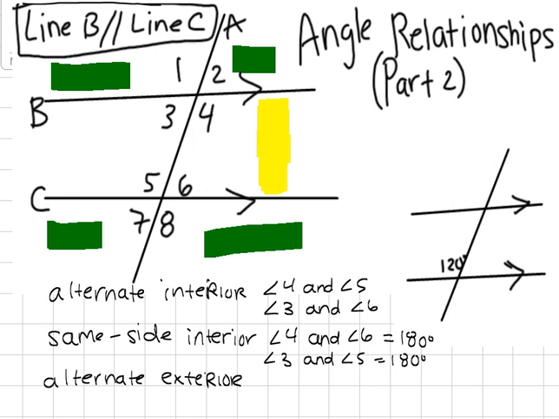We have 4 angles in the exterior: 1, 2, 7, 8. And alternate still means that they have to be on opposite sides of the transversal. So angle 2 and angle 7 would be alternate exterior. And we have angle 1 and angle 8.